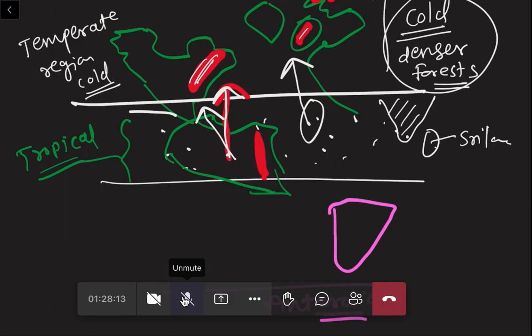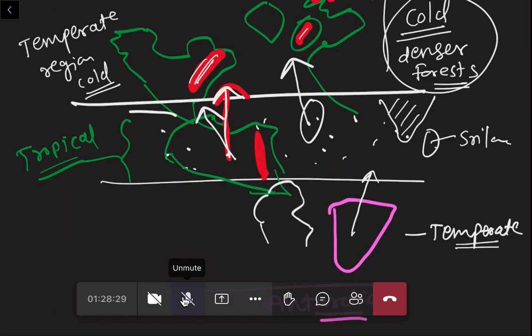India was closer to Antarctica earlier, but slowly India also moved upward towards the tropics later on. Today it's in the tropics, but earlier it was in the temperate region. Even Africa was also along with India, in the temperate, very cold region.